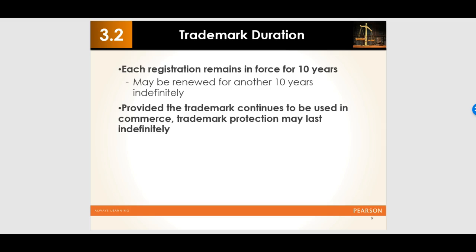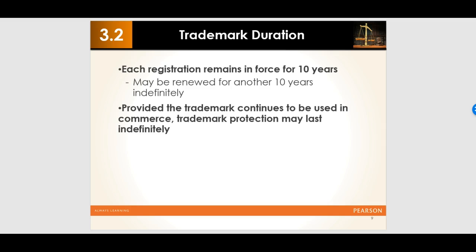Okay? And the question would be, if I have trademark protection in the US, do I automatically have trademark protection in Canada? No. The answer is no. Why? Remember I told you when we briefly discussed intellectual property as a whole, each type of IP, and trademark is one type of IP, is national in scope.